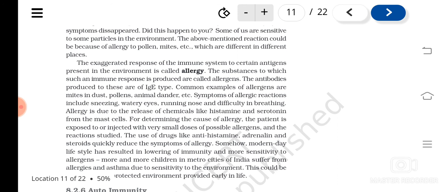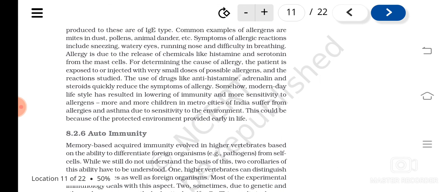So this is the reason why more children are suffering from allergies and asthma. We can reduce this by protecting our environment, isn't it? Clear? And keeping ourselves healthy.